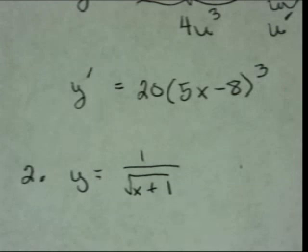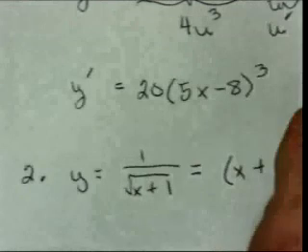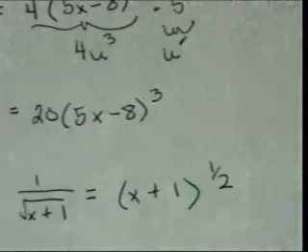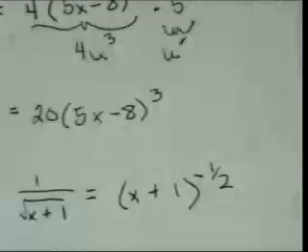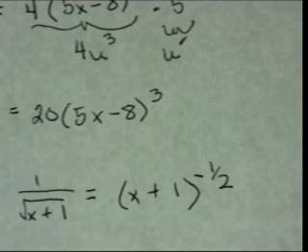Almost. It's not just x plus 1 to the 1/2, it's x plus 1 to the negative 1/2 because that came from the denominator. What is the ugly being raised to an exponent? X plus 1 is my ugly.